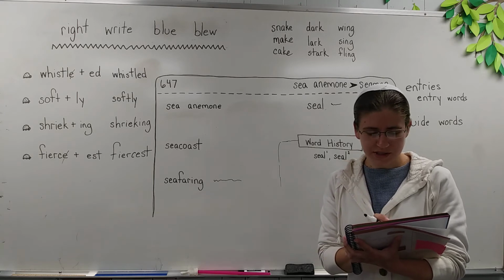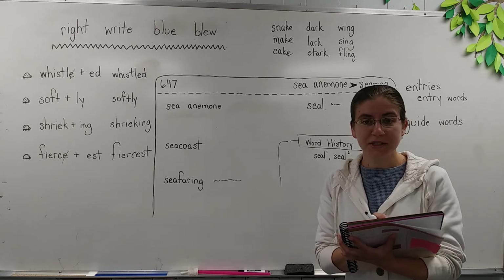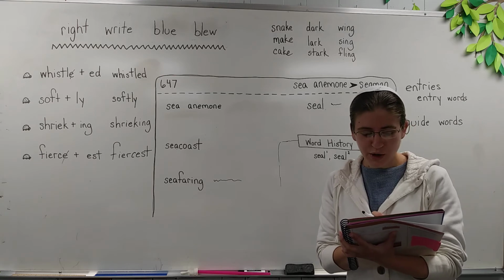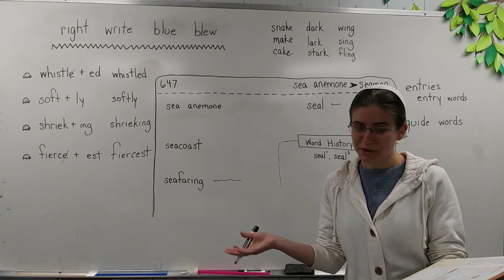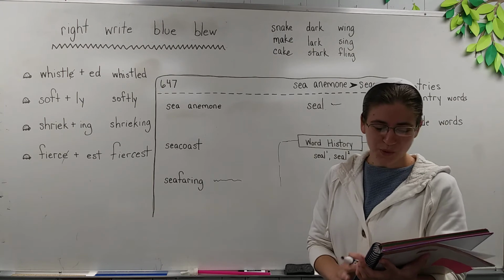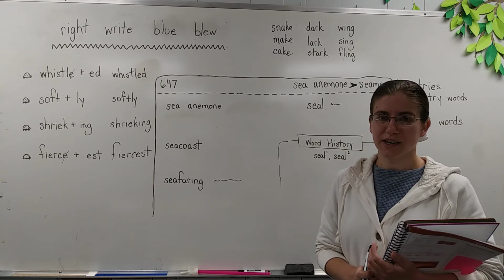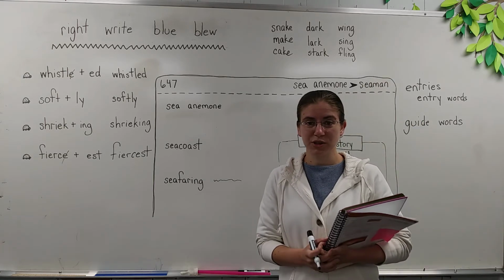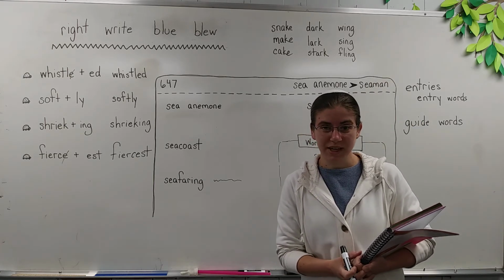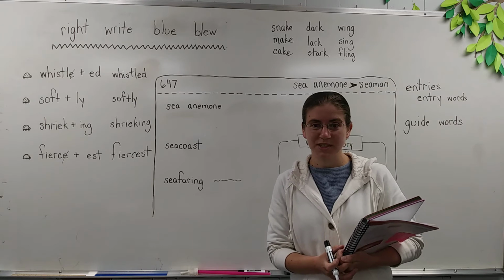If the sea coast is the land, what about seafaring? What does it mean? Earning one's living at sea. Well, there you go. So the word that means earning one's living at sea is seafaring. So that is the answer for your second blank that you need to fill in. Seafaring.